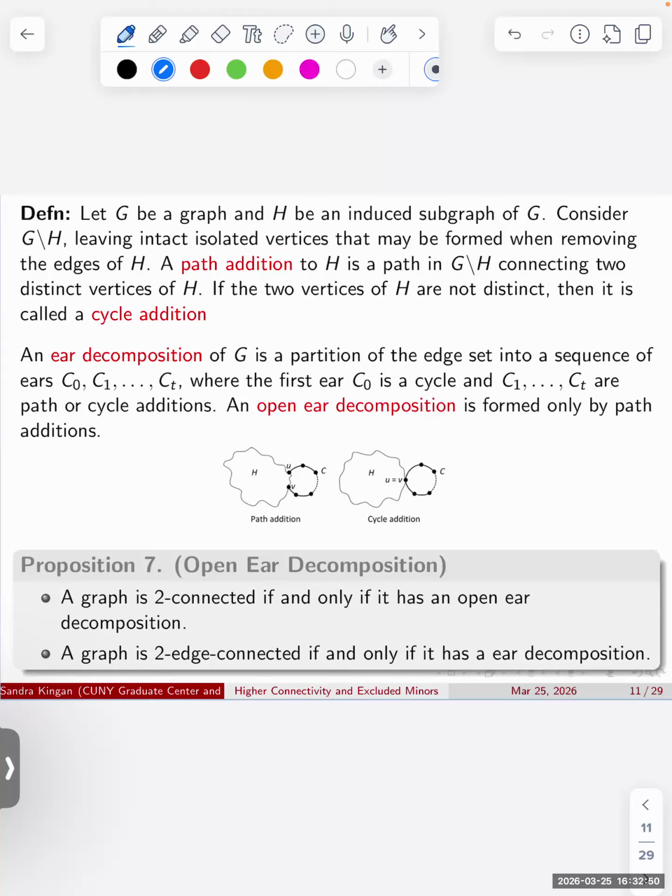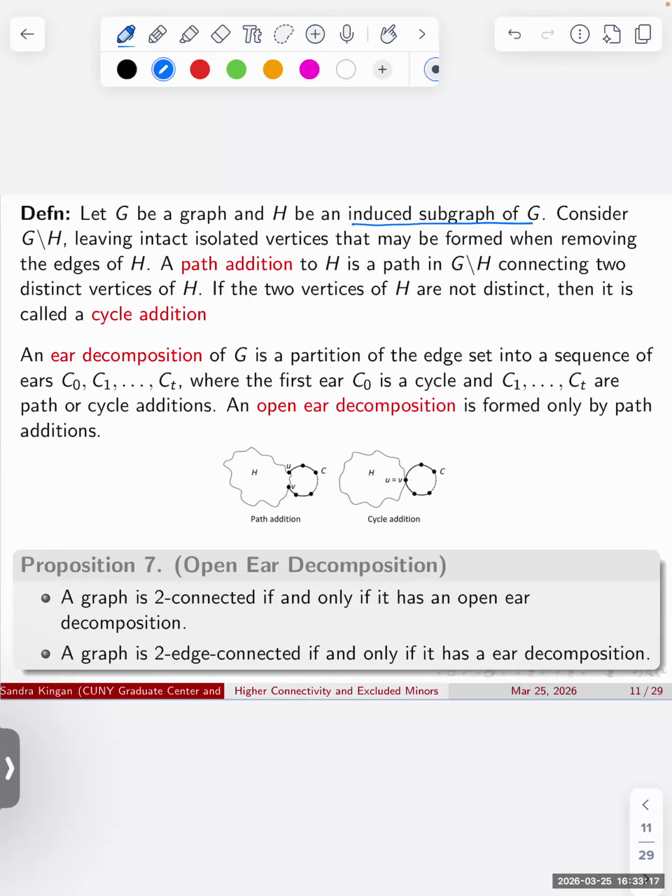So then on talk 1, we did path additions and cycle additions, and this result is just interesting in its own right, regardless of excluded minor theorems. So let G be a graph and H an induced subgraph of G. Consider G minus H, leaving intact any isolated vertices that may be formed.